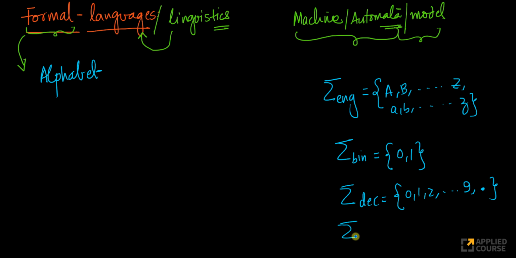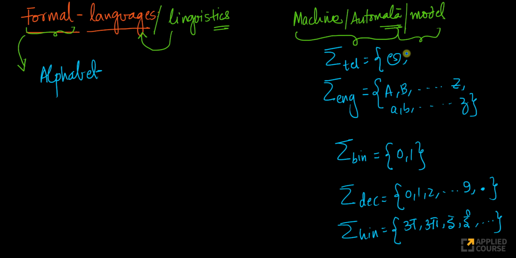Similarly, if you were to represent something in Hindi, which is a very popular language in North India, we use a bunch of alphabets here. Similarly, if you look at the alphabets in my mother tongue, which is Telugu, we have alphabets very similar to Hindi, a bunch of alphabets like this.